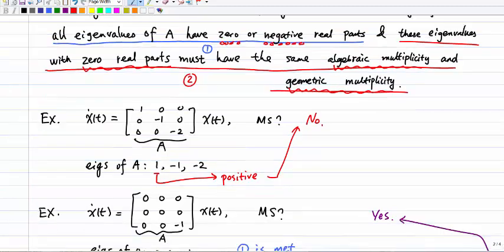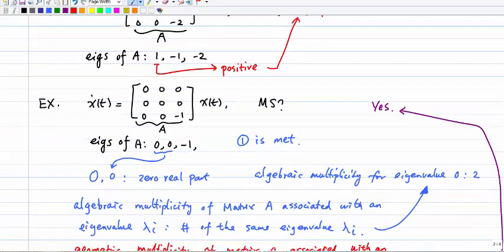How many eigenvalues have 0 real parts? We have just one distinct value because it is repeated: 0 and 0. So there's one eigenvalue which appears twice. You can consider this as 0 plus 0j. This is my real part, this is my imaginary part. They are all 0 here, so this is 0 real parts.